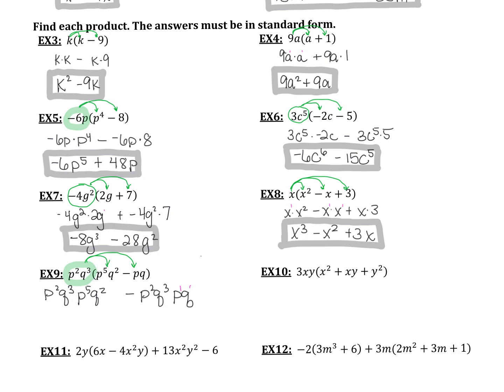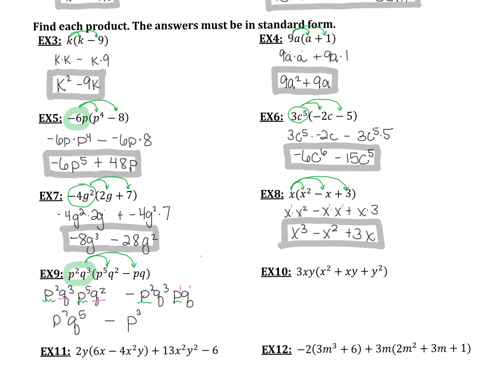When I distribute these, we would end up with, well, I'm going to do the p's with the p's. So we'd have p to the 7th. And then I'm going to do the q's with the q's to get q to the 5th on this first one. And I'm going to subtract from it p, see my p's, I have a total of 3 p's, p to the 3rd.